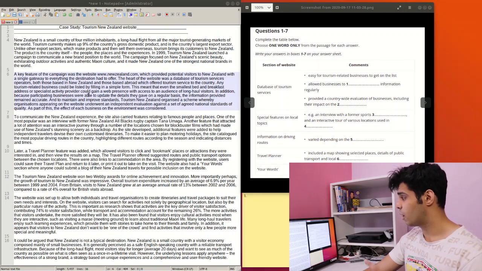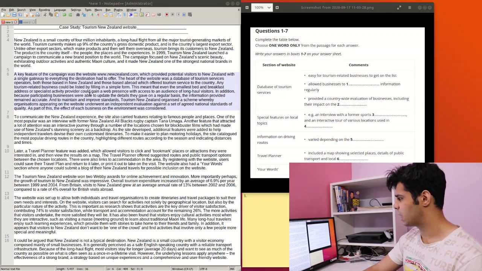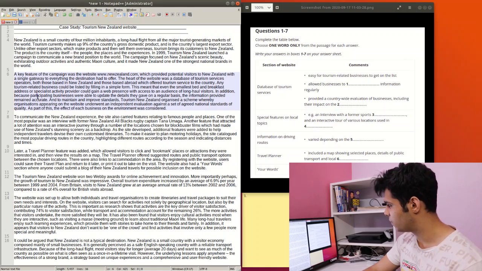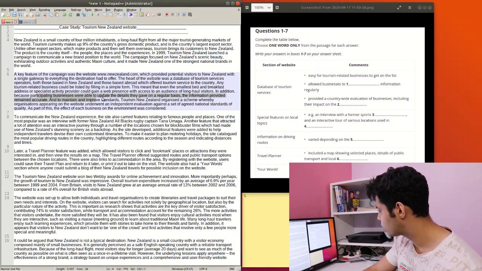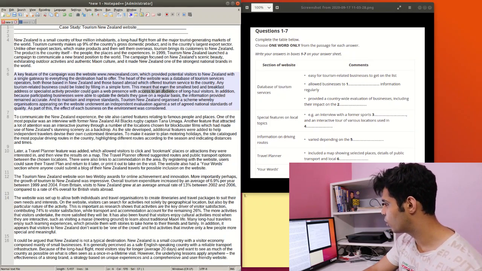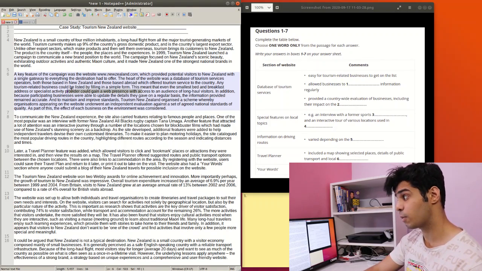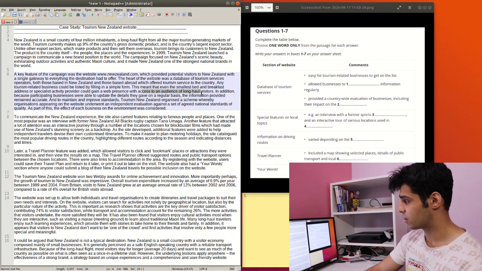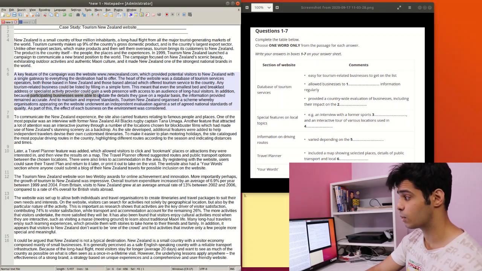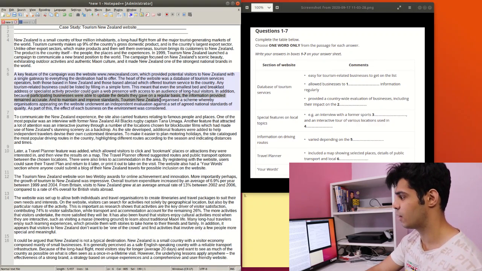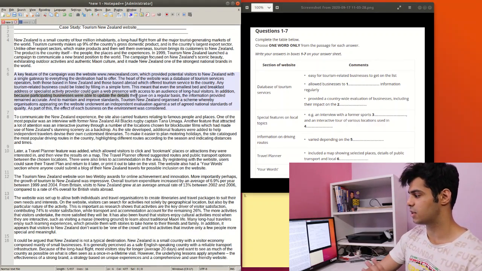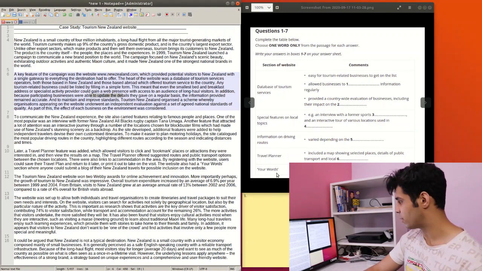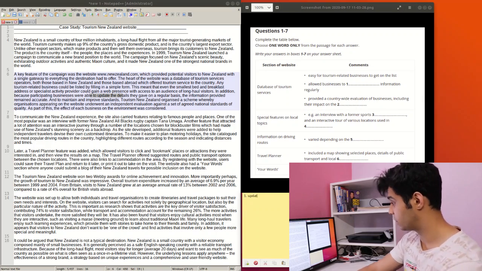I actually remember we read something about businesses being able to change or update the information regularly, and this was over here. This meant that even the smallest bed and breakfast or specialist activity provider could gain a web presence, access to the audience, and in addition, because participating businesses were able to update the details they were given. See, update the details, this is the same thing, update the information. So I would say the answer over here is update.